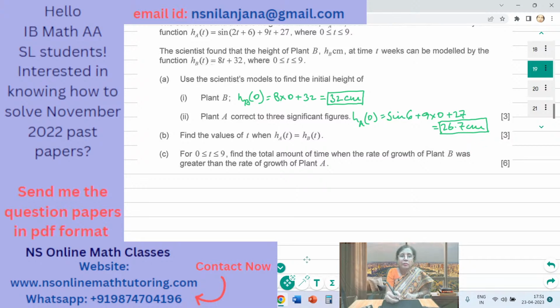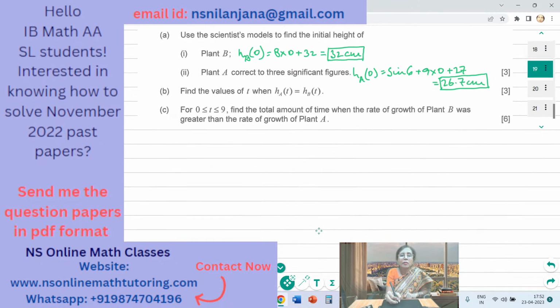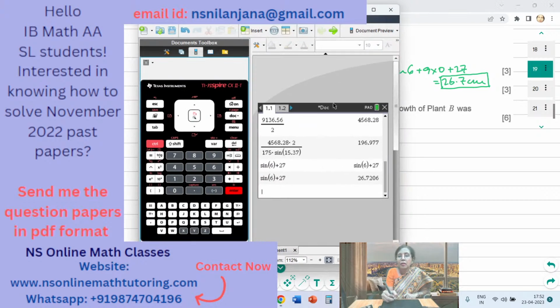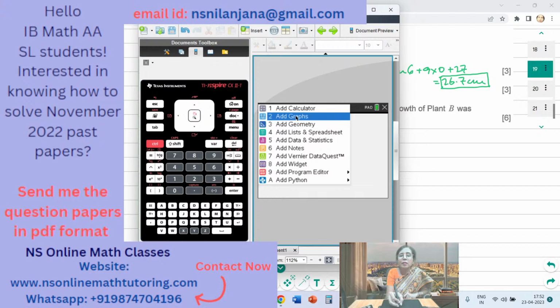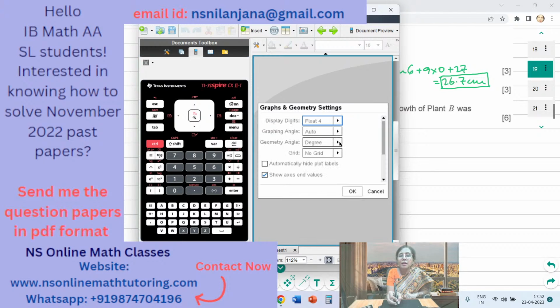So now subpart B. Find the values of t when HA of t equals HB of t. First of all, I have to go to the graphs, and then I have to go to the settings.